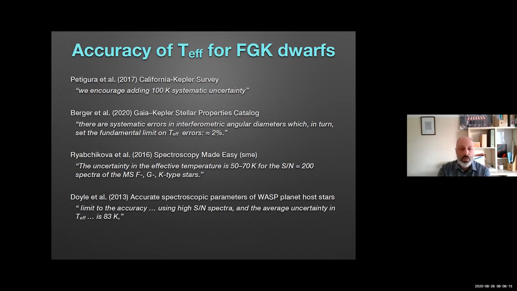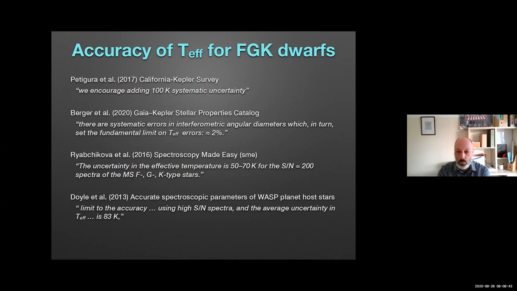Looking through some recent publications, you get the idea that if you're doing large surveys of FGK dwarfs, you probably trust those to about 100 Kelvin. That's the level of systematic uncertainty that people are assuming applies to effective temperatures for FGK dwarfs estimated by spectroscopy typically.